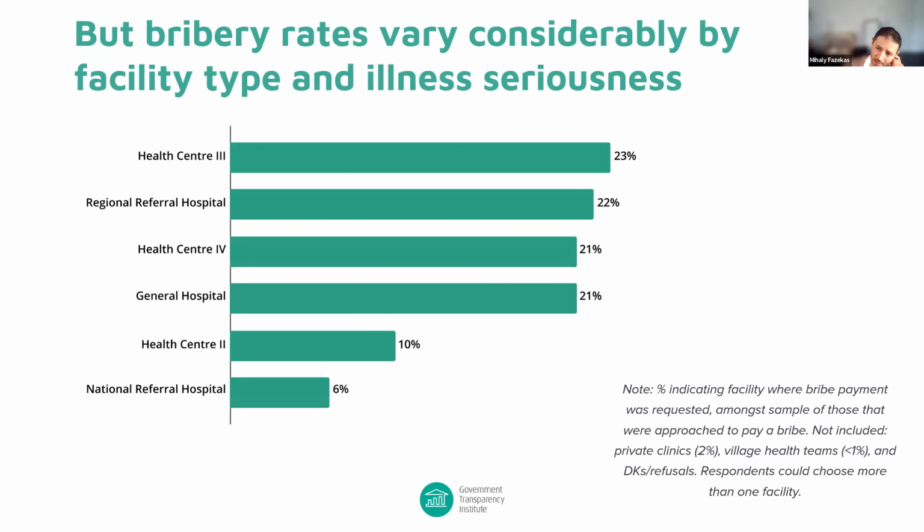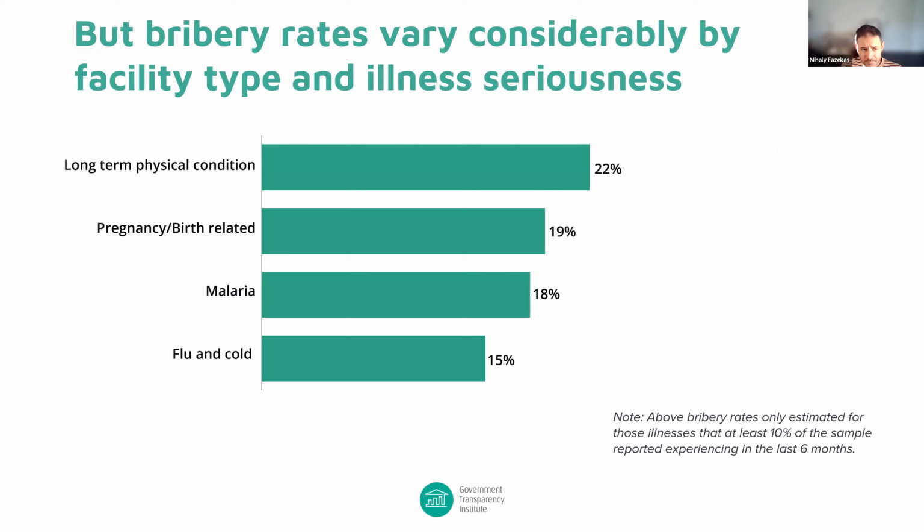Now, we have also quite a bit of variation in the location, so the service provision location, and bribery. Some areas like a national referral hospital or health center two, we have found very little bribery as opposed to other health centers and general hospitals.